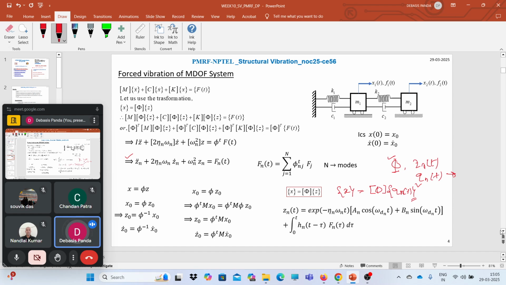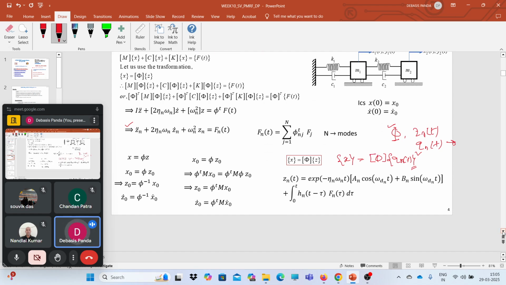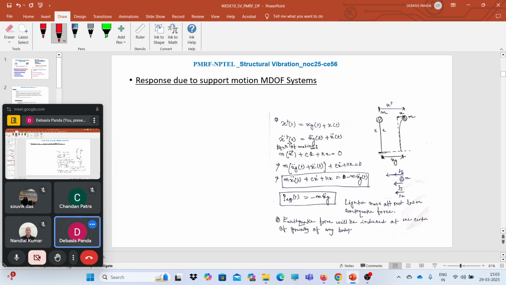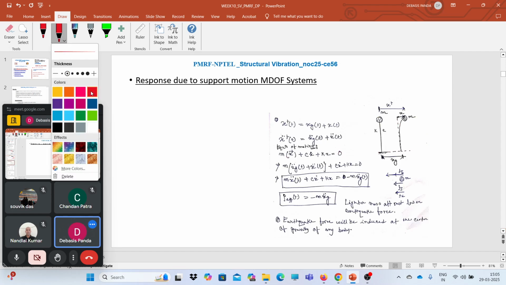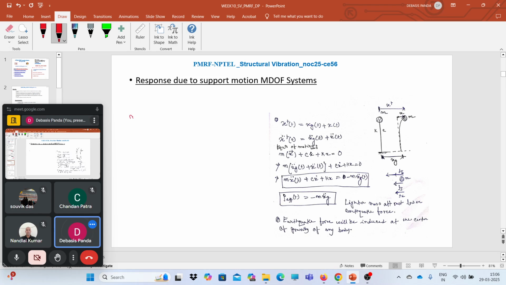But today we will go through how we can solve a multi-degree of freedom system if a ground acceleration hits. We have already seen the equation of motion for a single degree of freedom system subjected to some ground acceleration, minus m xg double dot of t, right?